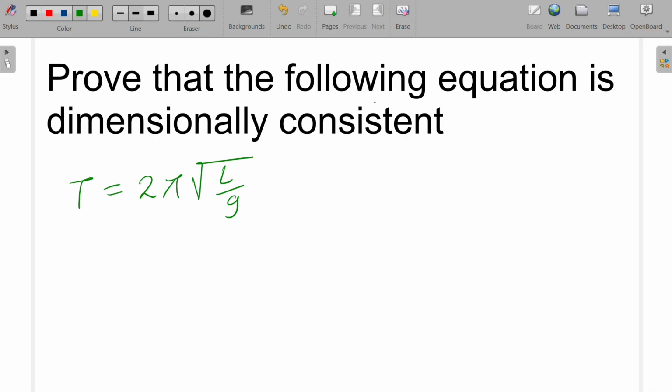So let's check that. Let's start with the left hand side. On the left hand side, we have T. T is period. So whenever you see capital T, we're talking about period in physics.